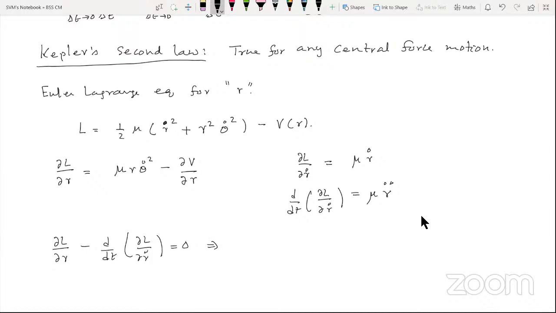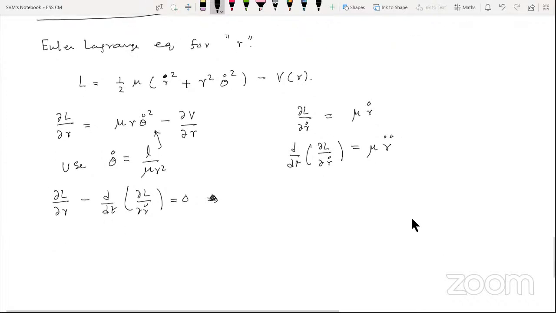So here what I will do is that I want to write everything in terms of R. So I will make use of theta dot is equal to L by mu R square in this equation. Then what happens? We will have mu R into L square by mu square R to the power 4.